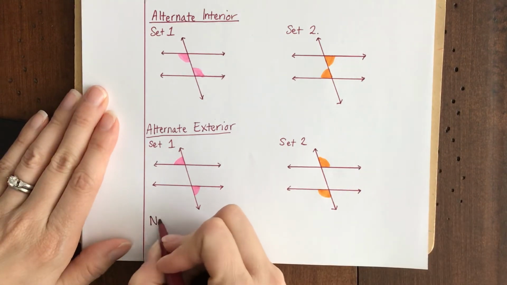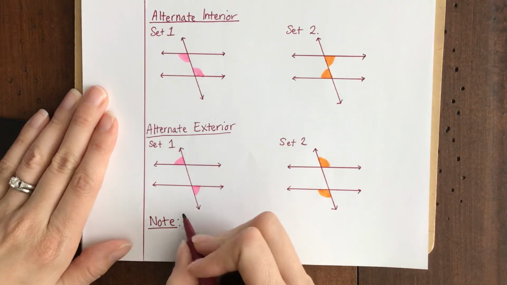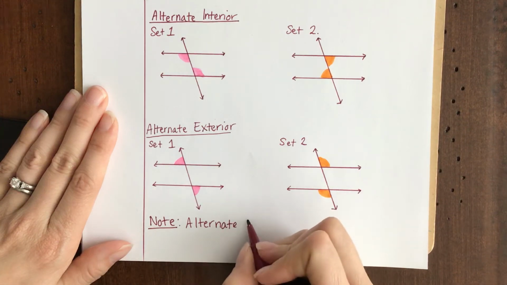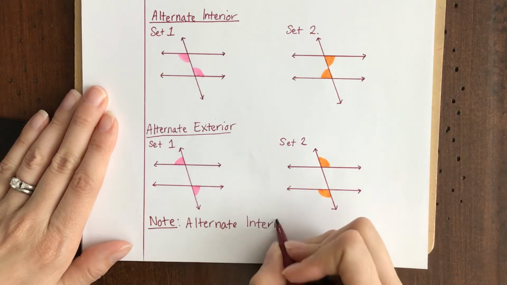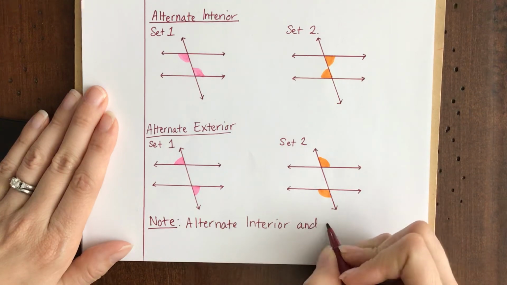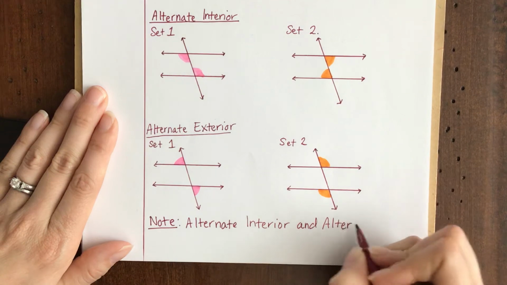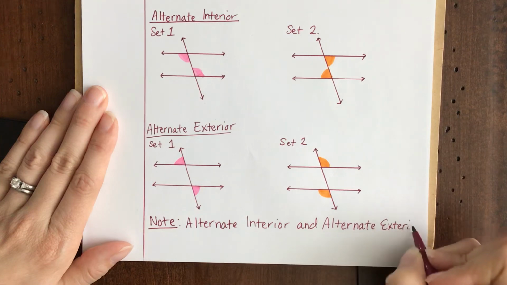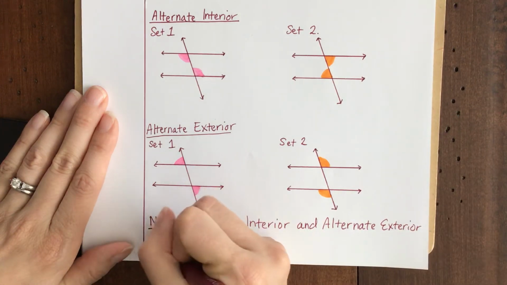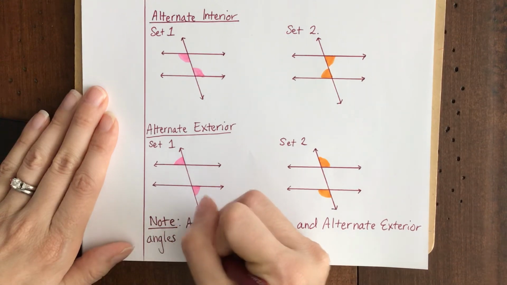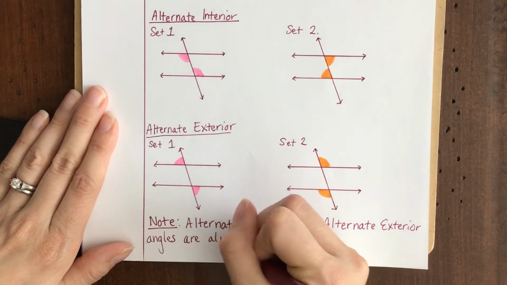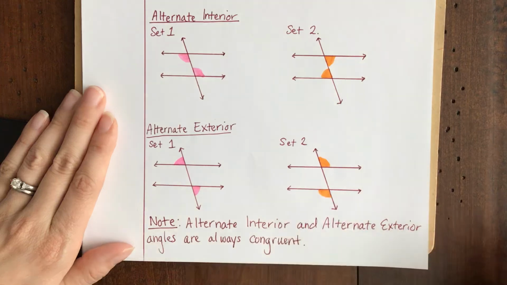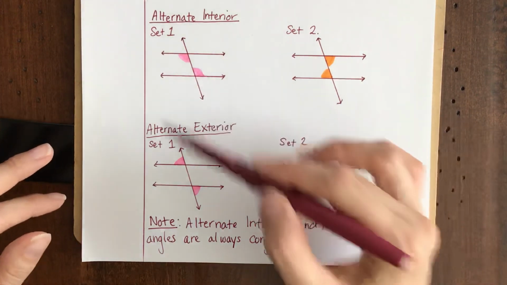Okay, so note: alternate interior and alternate exterior angles are always congruent. And you can see that just by looking at all of these sets.